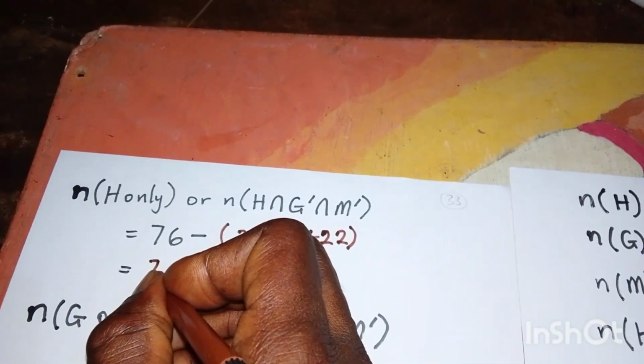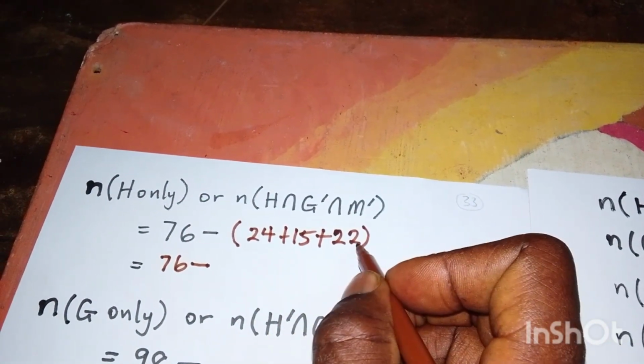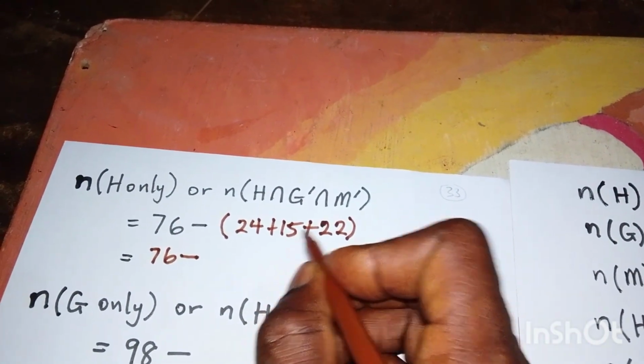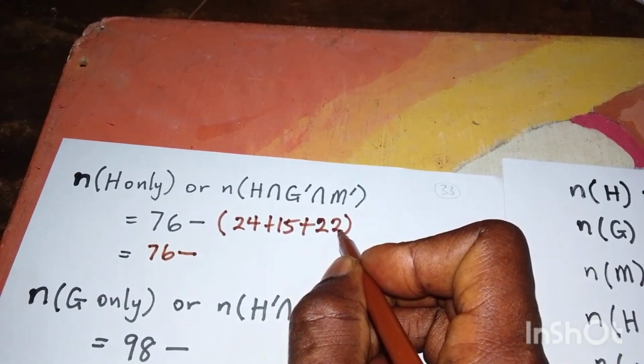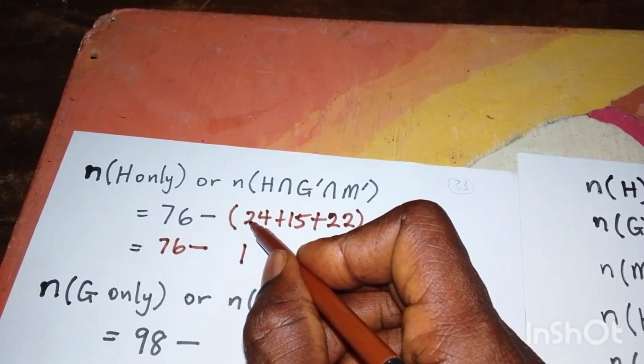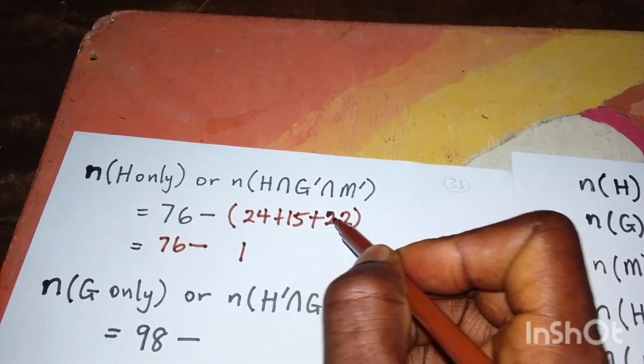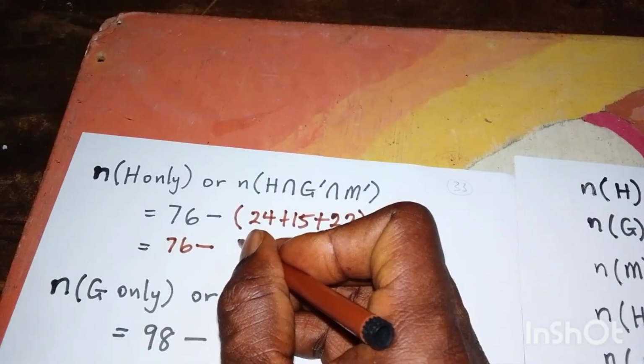So 76 minus (24 plus 15 plus 22). That's 4 plus 5 is 9, 9 plus 2 is 11, remainder 1, 1 plus 2 is 3, 3 plus 1 is 4, 4 plus 2 is 6.